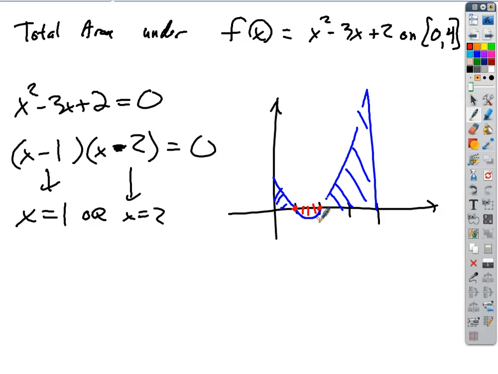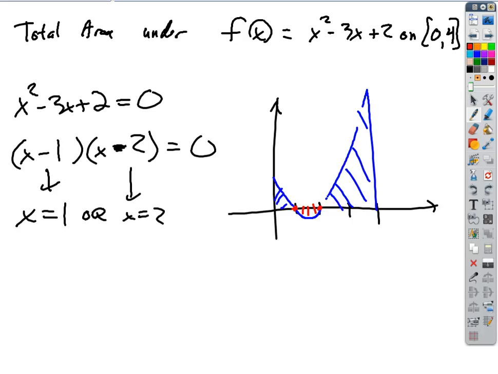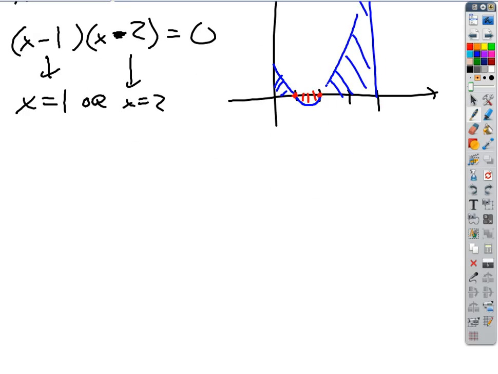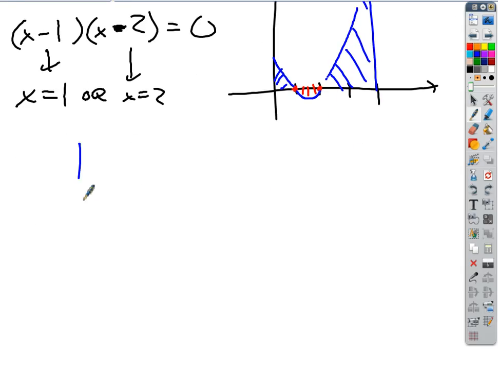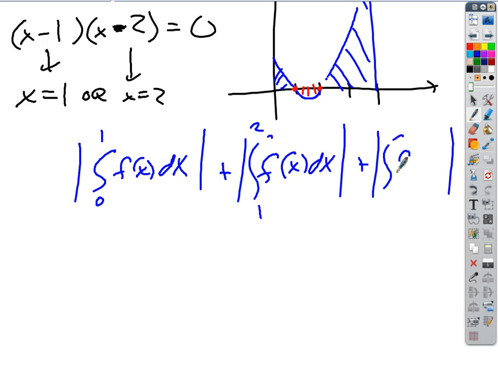And so what I really have to do, if I want to write this all out, is call it f of x instead of rewriting the whole thing. My area would look like this: the absolute value of the integral of f of x dx from 0 to 1, plus the absolute value of the integral of f of x dx from 1 to 2, plus the absolute value of the integral of f of x dx from 2 to 4.